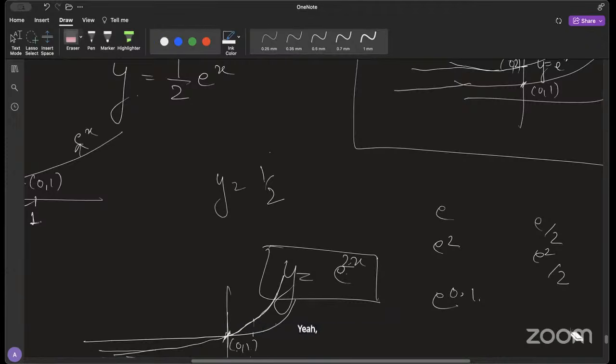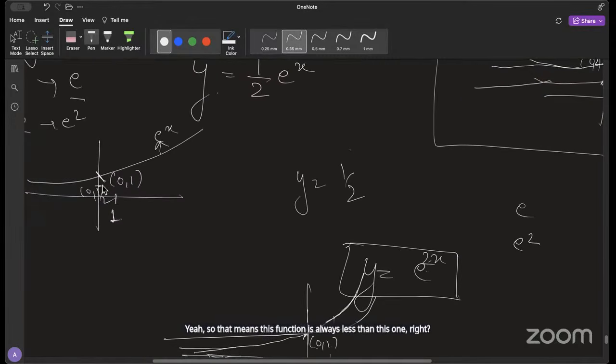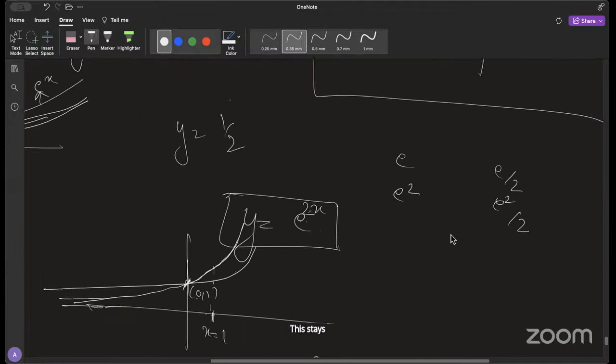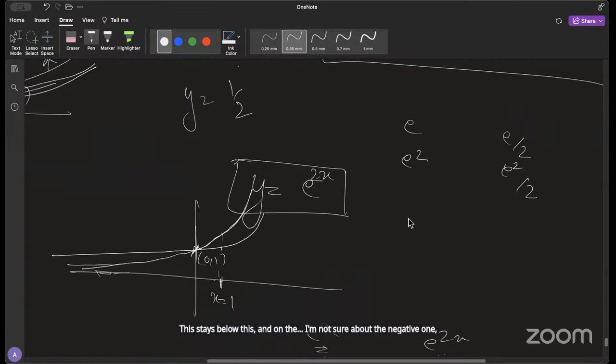Yeah, so that means this function is always less than this one, right? So it should be this. This stays below this, and I'm not sure about the negative one too. Let me just check for the negative one.